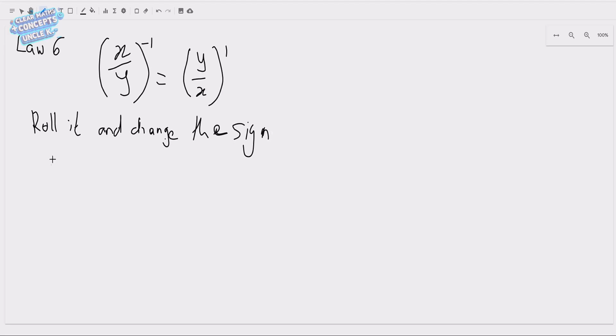So let's say you're asked to evaluate this. Now you can evaluate this without actually rolling or changing the sign, but it's much easier to do when you roll and change the sign.